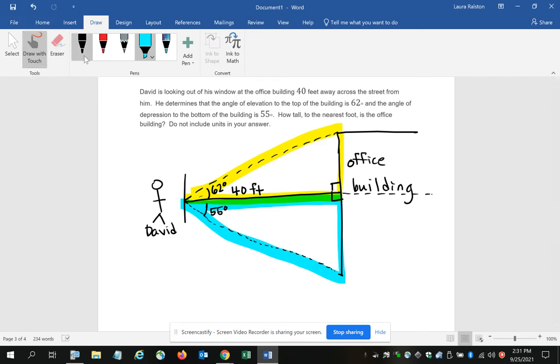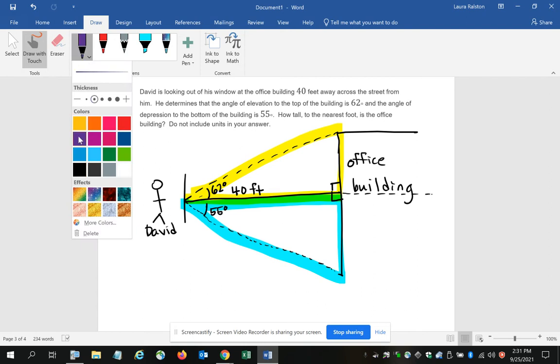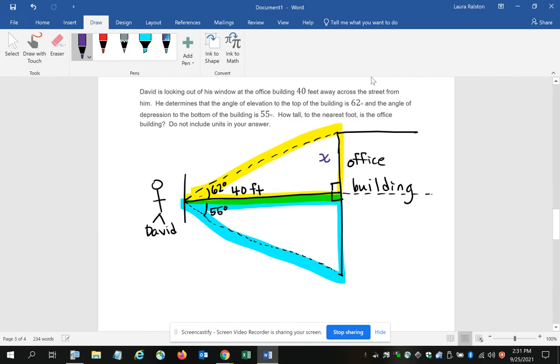So you're actually going to have two values here. You can call it whatever you want. If we call it x1 and x2, it's like you have two different measurements that you're going to have to find.